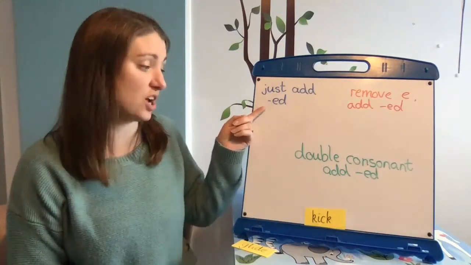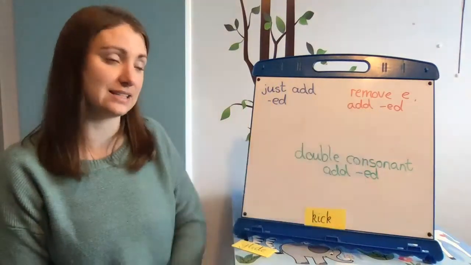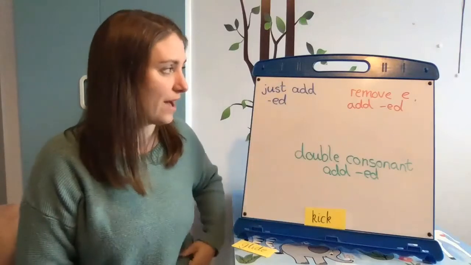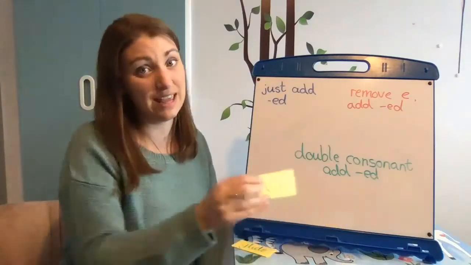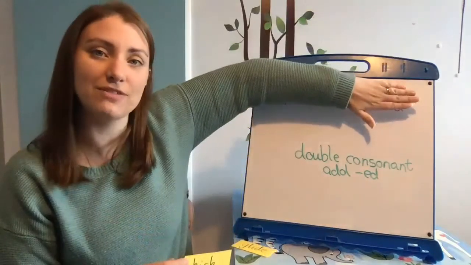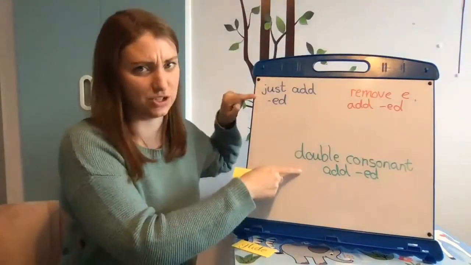Am I going to just add ed on the end, take away the e and add ed, or double the consonant and add ed? Well, is there an e to remove? No. So I know I don't have to remove the e. I know it's not that one. Okay, so it's just these two left.